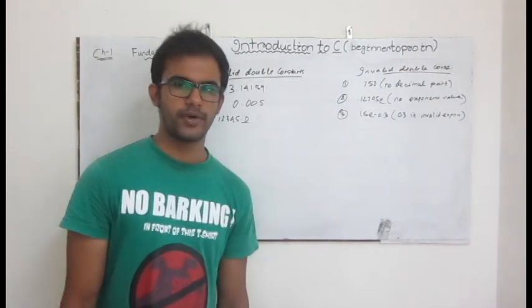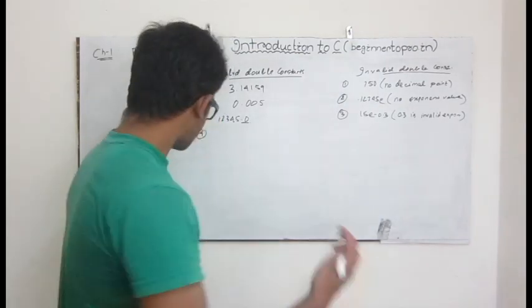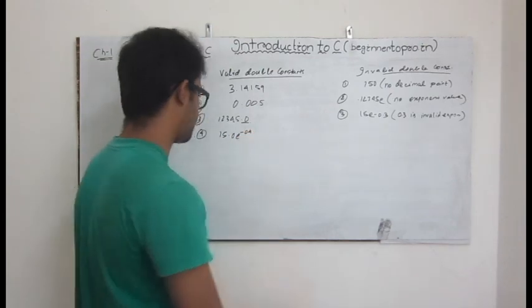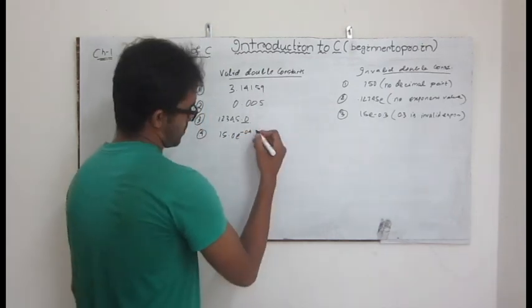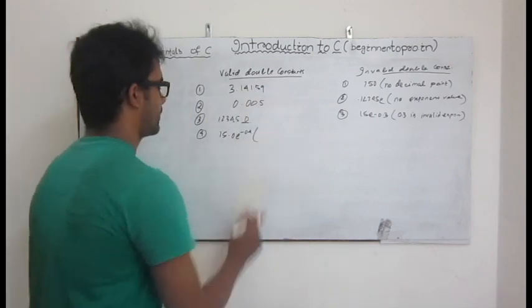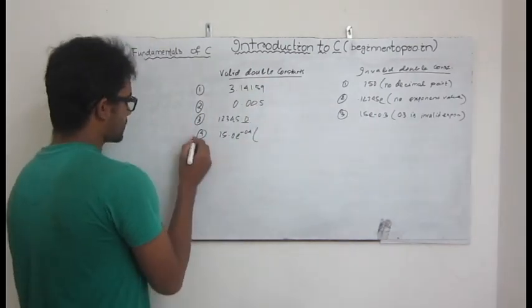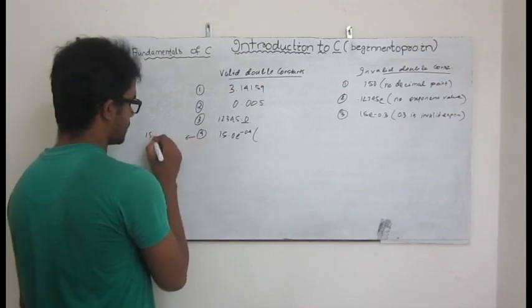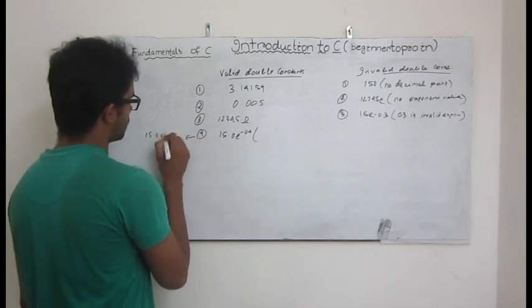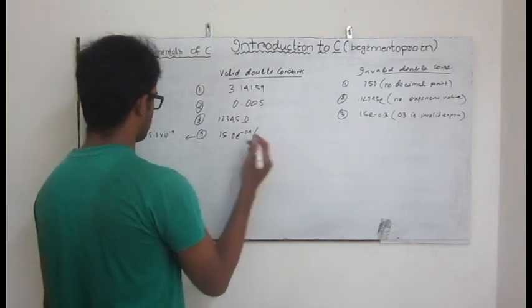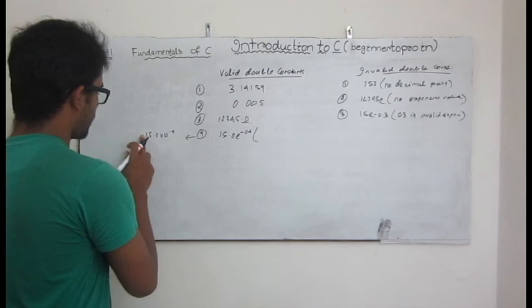So our next point is 15.0e-4. What is the value? It is just like 15.0 into 10 to the power minus 4. So what is the value?